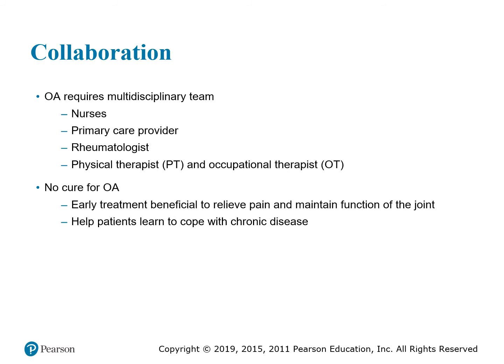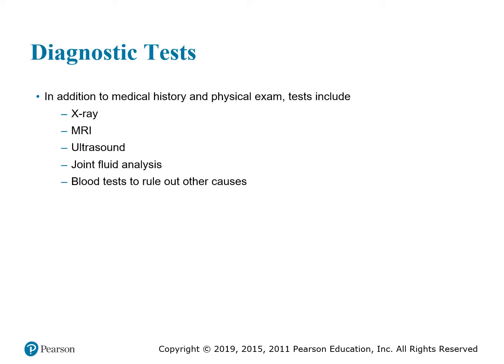Collaboration. So who do we work with to help these people with OA? Again, nurses and our healthcare providers, a rheumatologist, somebody that deals specifically in arthritis and pain management. OT and PT to help get that joint moving again. There's no cure, but surgery may be the only thing that can help replace that lost cartilage as well.